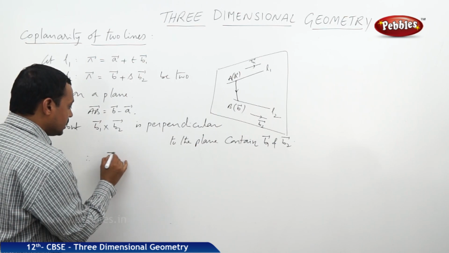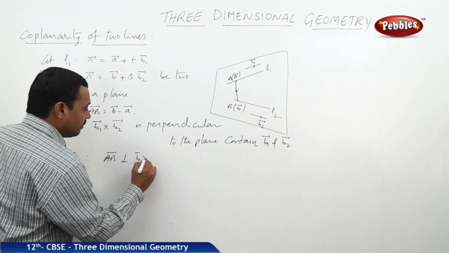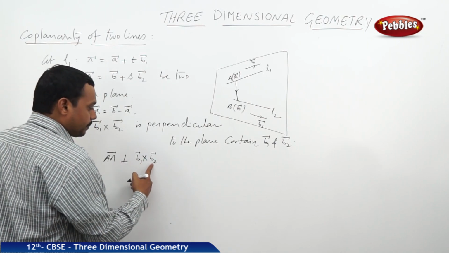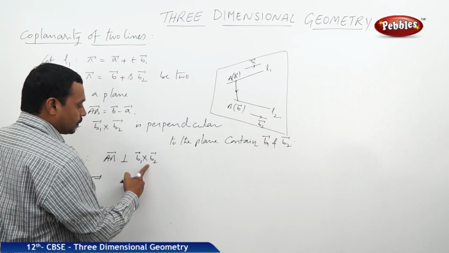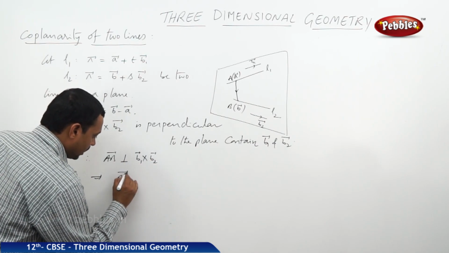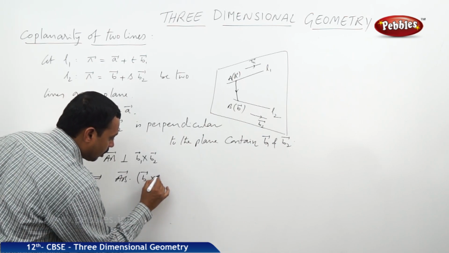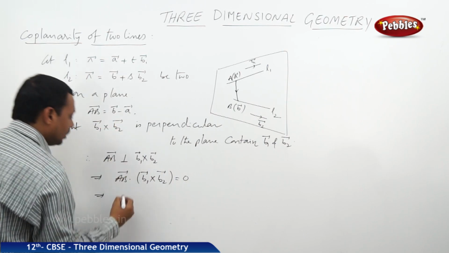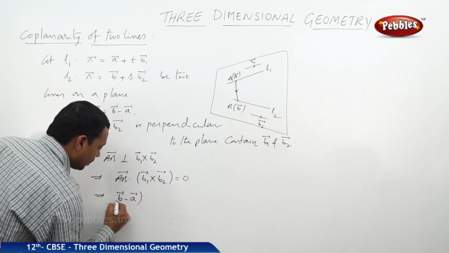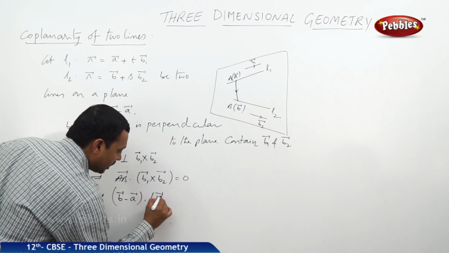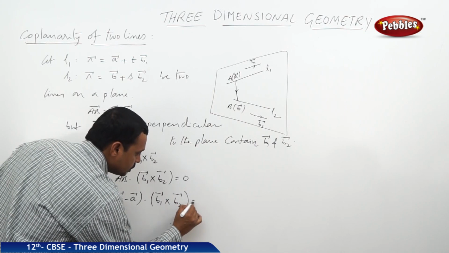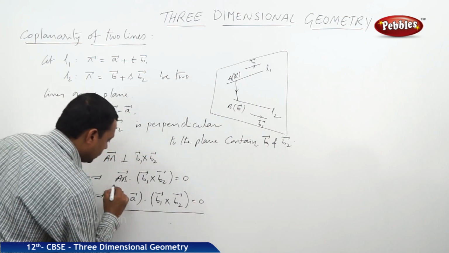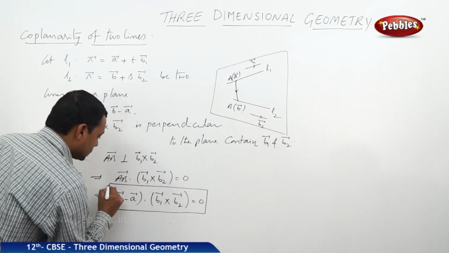Hence, AB vector is always perpendicular to b1 cross b2. So, if one vector is perpendicular to the other, then the dot product of the two vectors is 0. AB dot b1 cross b2 is equal to 0. Now, what is AB vector? It is b minus a dot b1 cross b2 is equal to 0. Now, this is the condition that the given two lines are on the same plane.